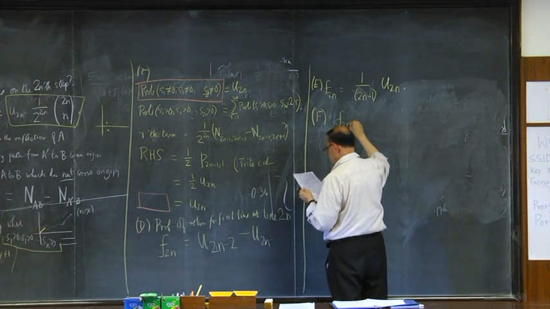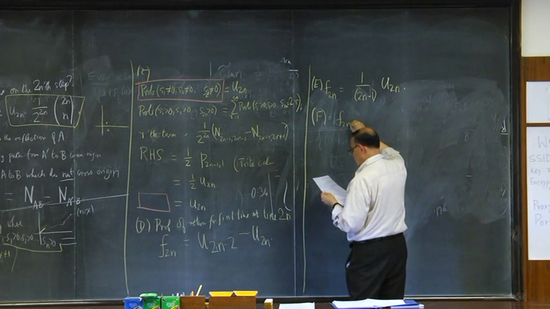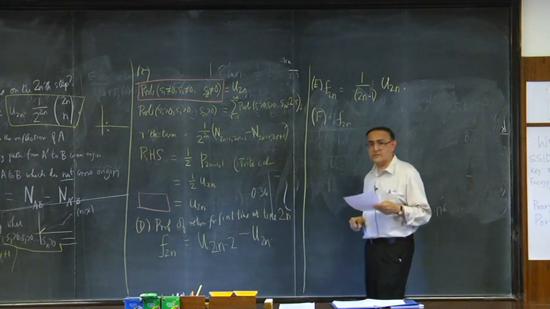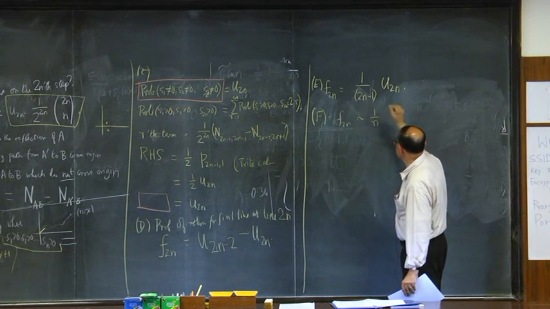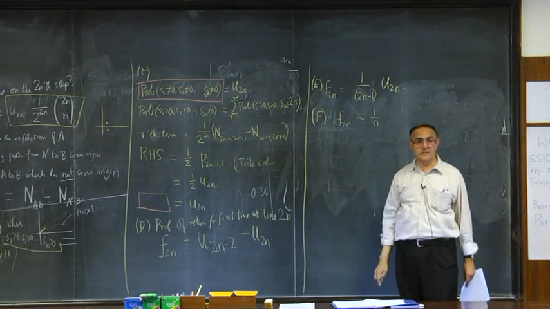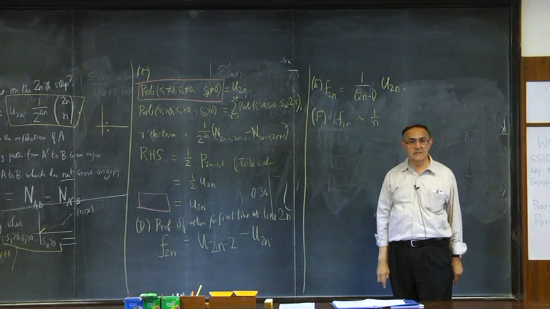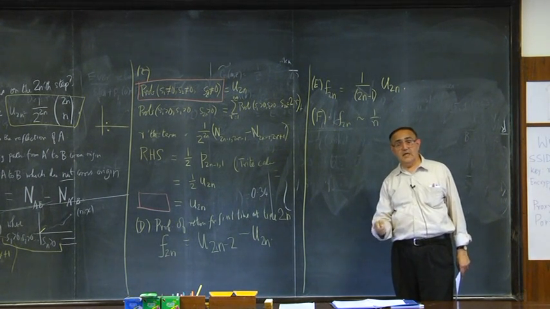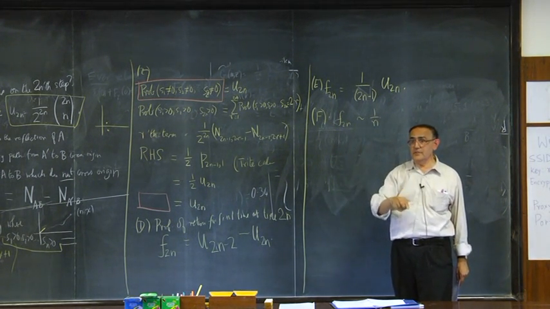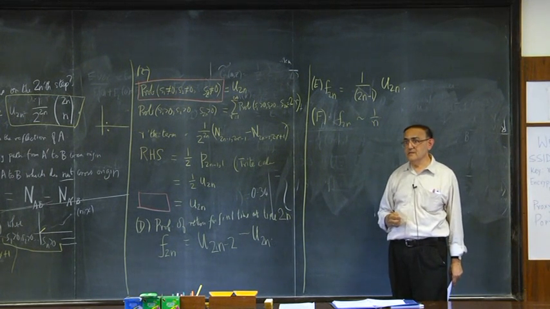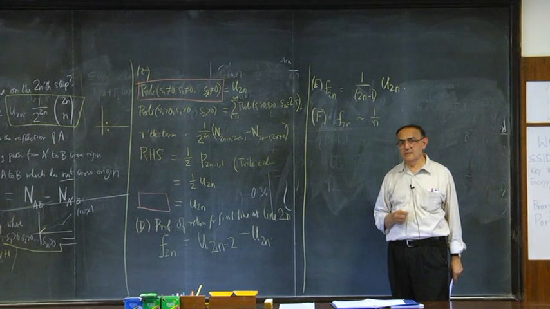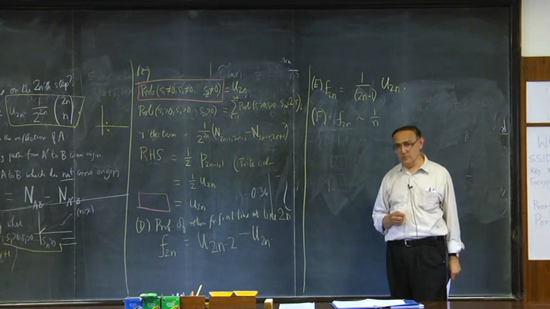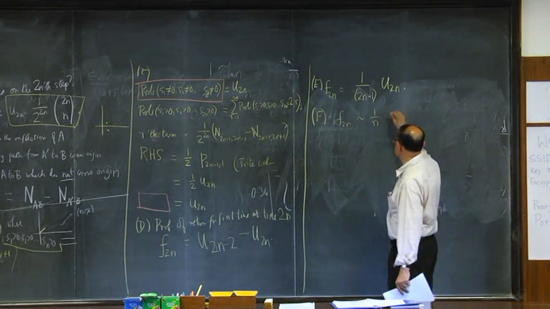So, f2n, we just want to know the n dependence. Well, it varies as 1 over n from here. How does u2n vary? After time t, what is the probability to be back at the origin at time t? One over root t. So that is 1 over root n.